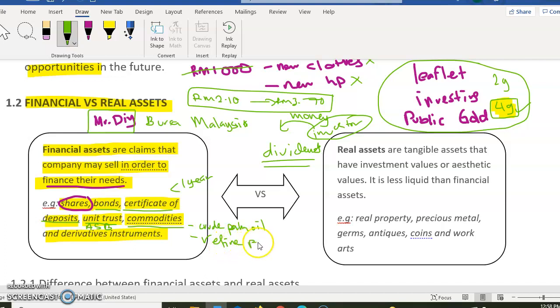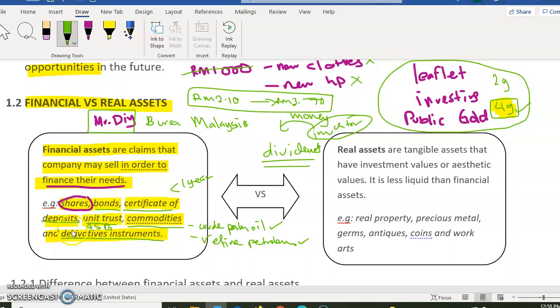Okay. So these commodities, right, ada trading di money market yang mana kita keluarkan atau terbitkan shares ataupun options or any futures contract based on this crude palm oil or petroleum and so on. So these are called derivative instruments.